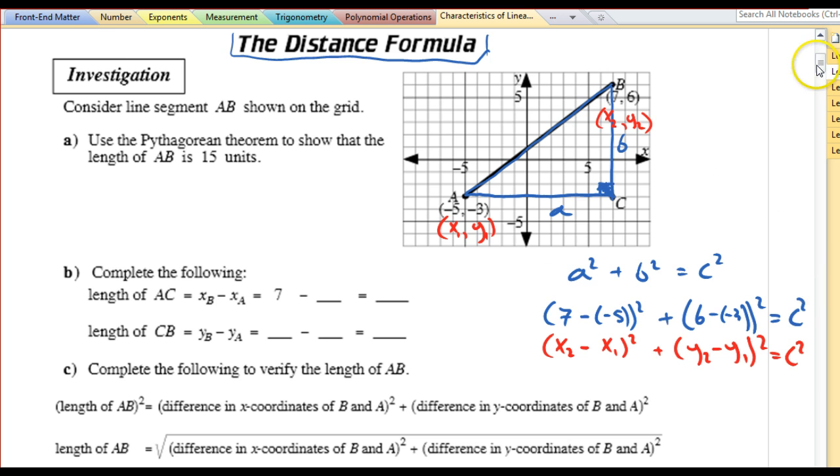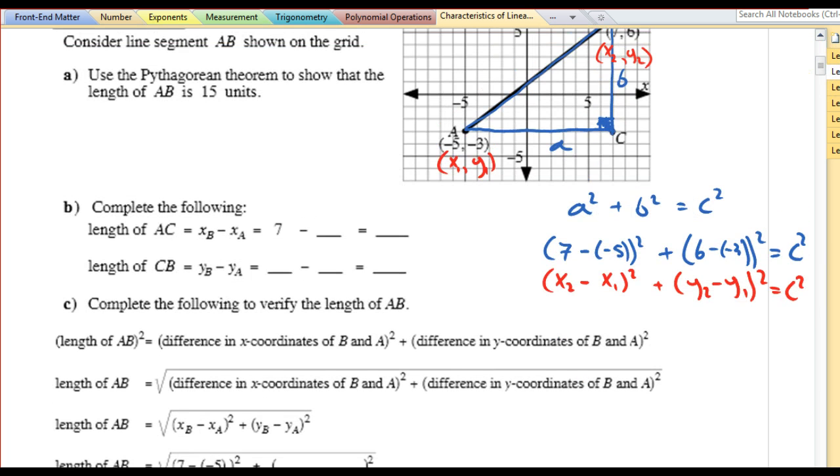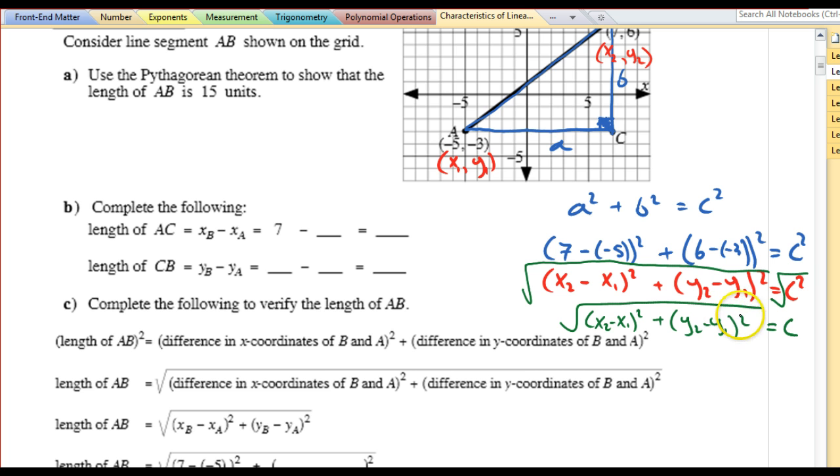And then in order to get c, I need to square root both sides, so now I have c equals the square root of (x2 minus x1) squared plus (y2 minus y1) squared.